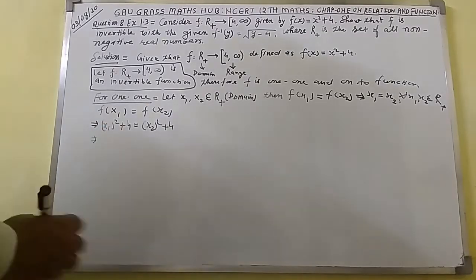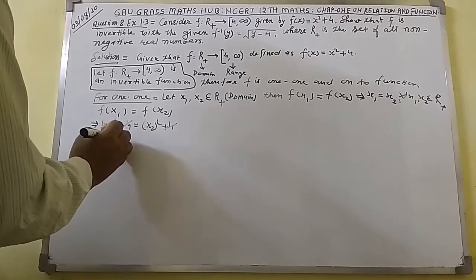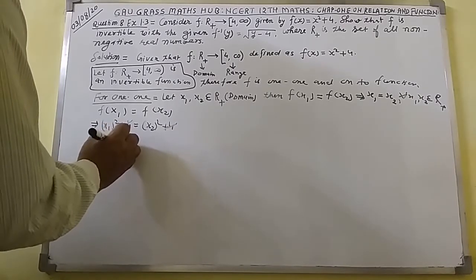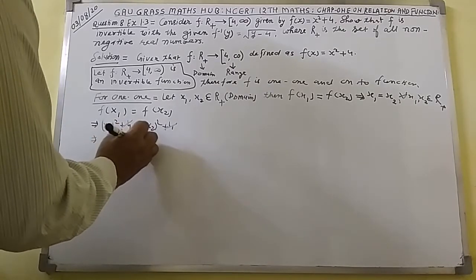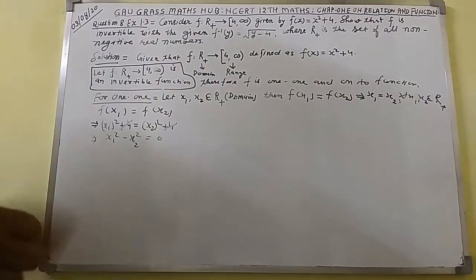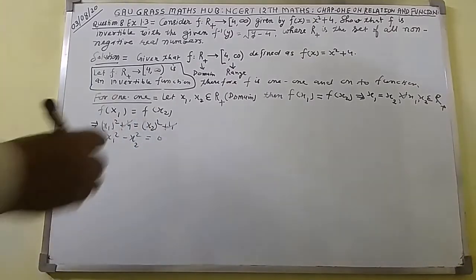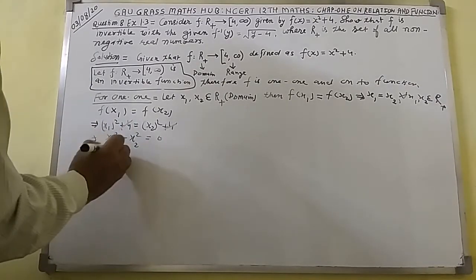So what will we do here? The 4 will be cancelled out. Here we will get x1² − x2² = 0.